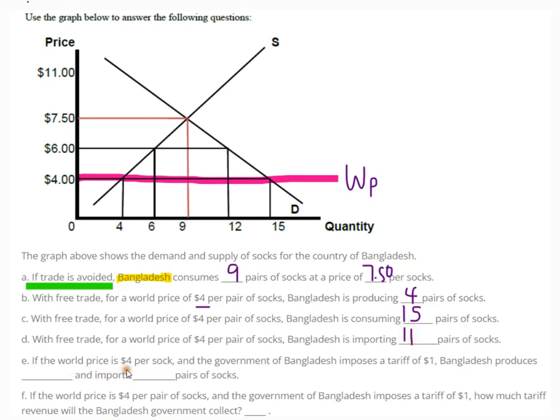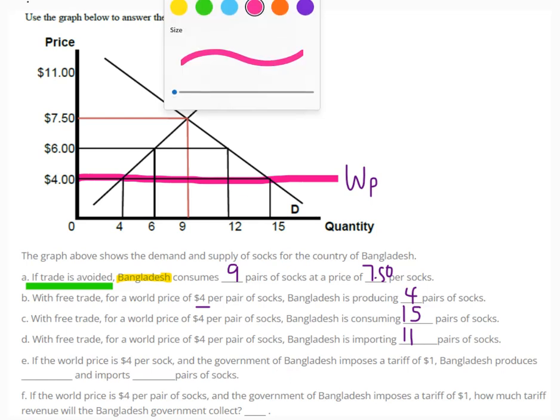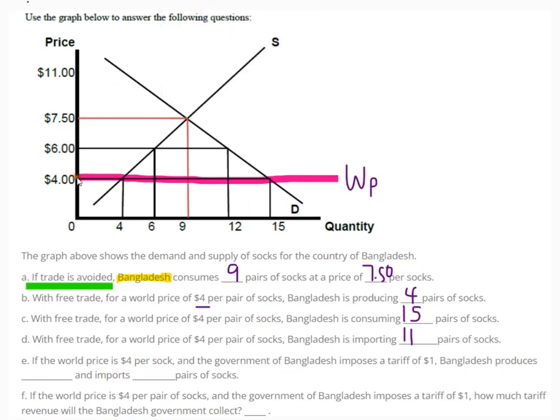If the world price is $4 per sock and the Bangladesh government imposes a tariff of $1, Bangladesh produces whatever. So we're going to actually find, we just go to the world price and we put the tariff right here. This would be the world price plus tariff, or world price plus 1. Okay, so we've essentially made it a little more expensive.